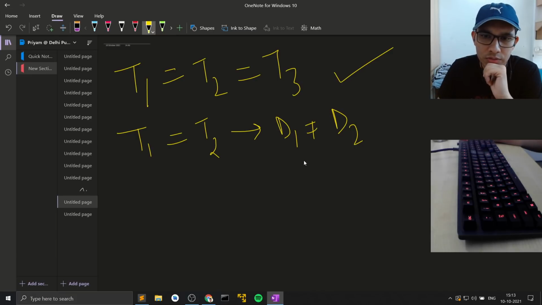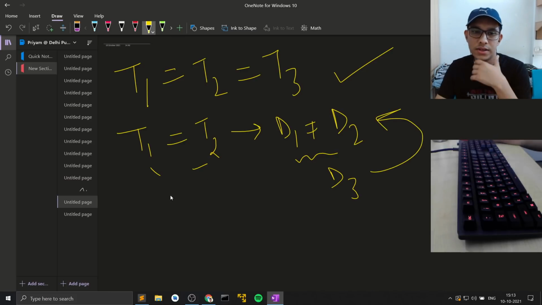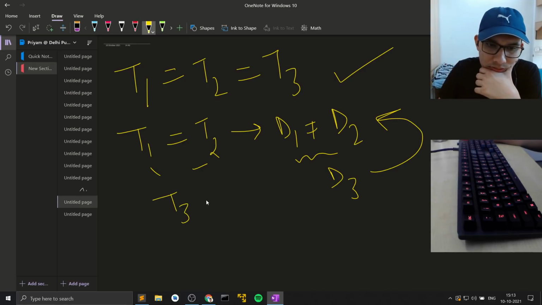Right. Now, if we have selected T1 and we have selected T2, we only need to select a D3 which is not same as this, and T3 is different. T3 is not equal to T2.